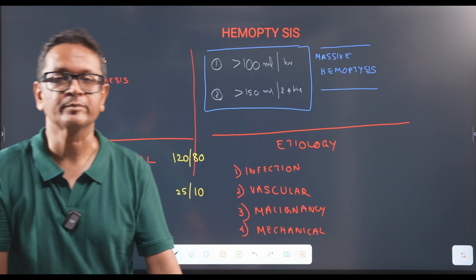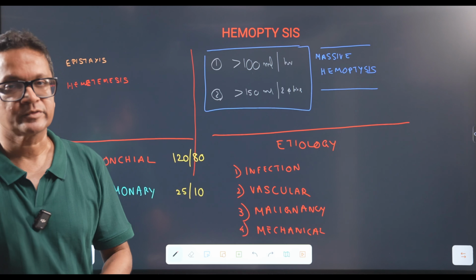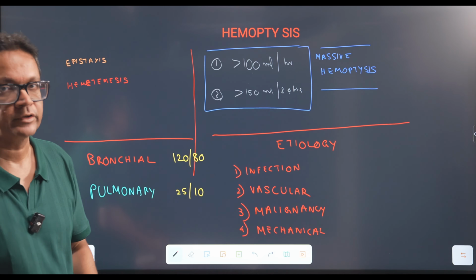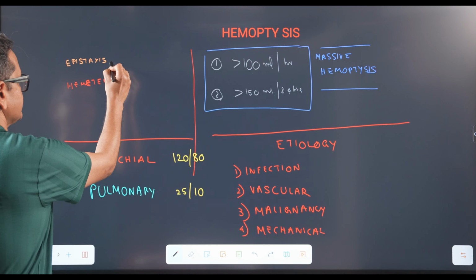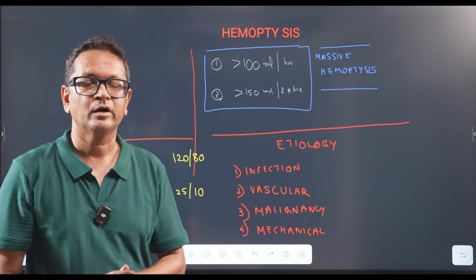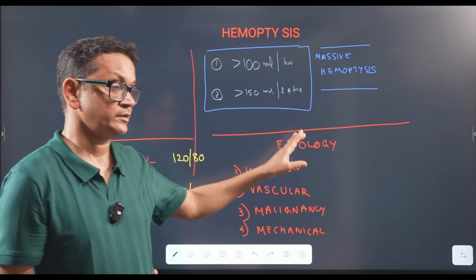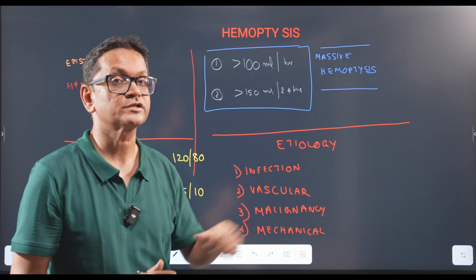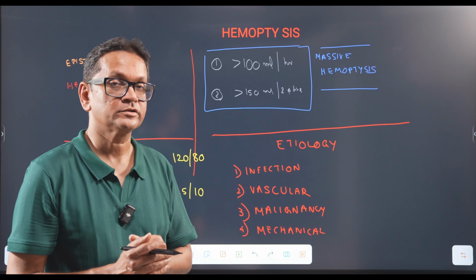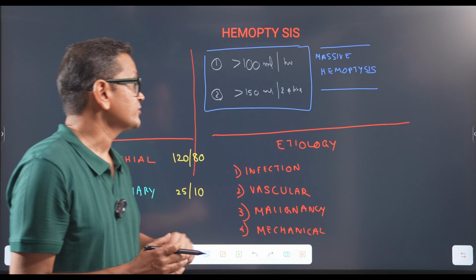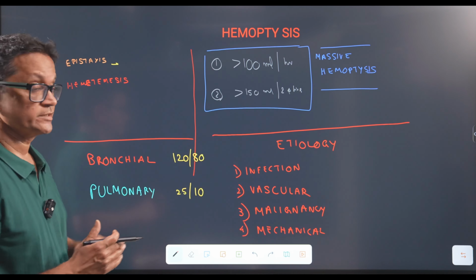If it is coming from the upper respiratory tract, when do you call it upper respiratory tract? From the nose till the glottis, that is known as epistaxis. There might be some common etiologies as far as epistaxis and hemoptysis are concerned. Because hemoptysis is a more sinister situation, we have to place more emphasis on hemoptysis rather than epistaxis.